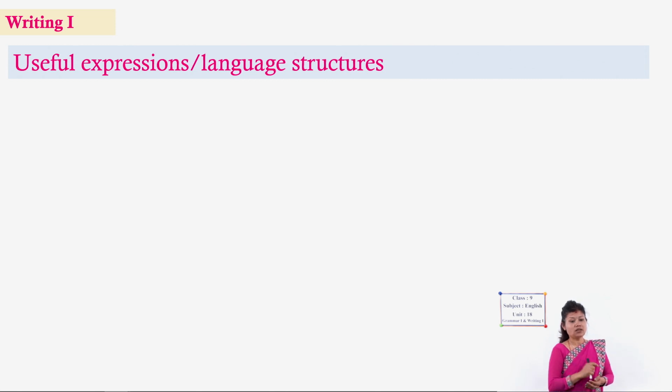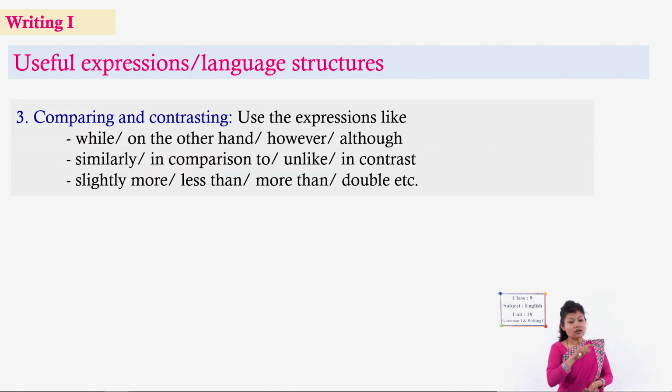Then comparing and contrasting the ideas: comparison, similarity, differences. You can use expressions like while, on the other hand, however, although, while showing contrast. If the things are similar, you can say similarly, in comparison to, unlike for contrasting, in contrast, slightly more, less than.